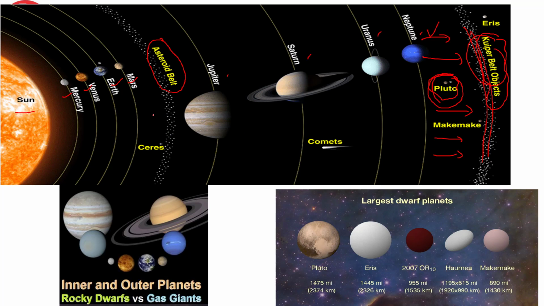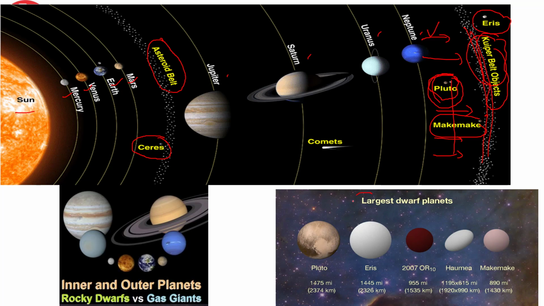In between Mars and the asteroid belt, if you can see here, this one is known as Ceres, and it is a dwarf planet. And then we have Pluto, Makemake, Haumea, and finally Eris.